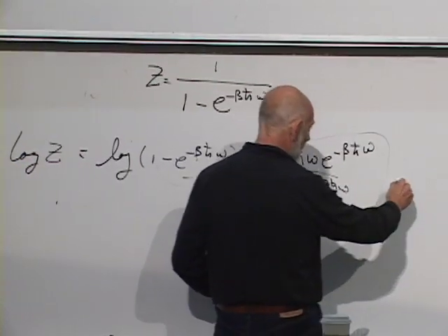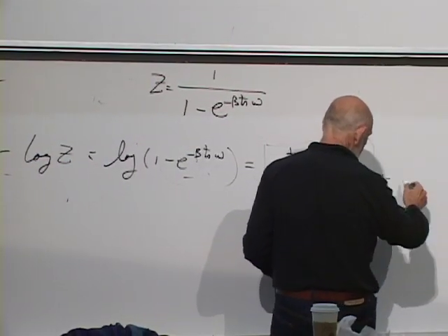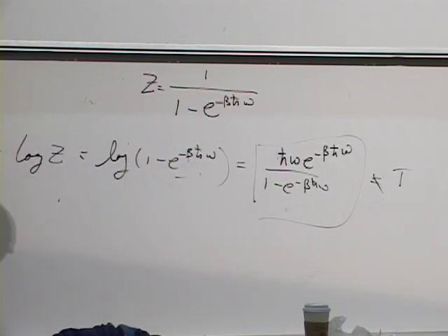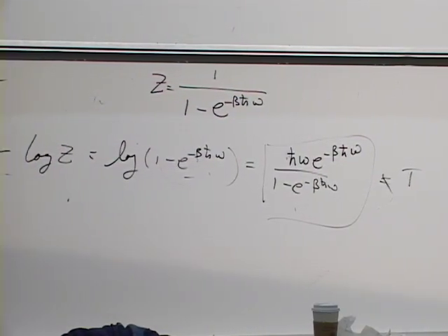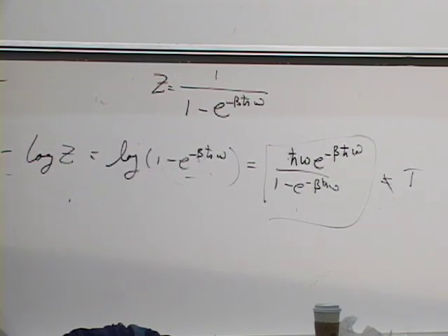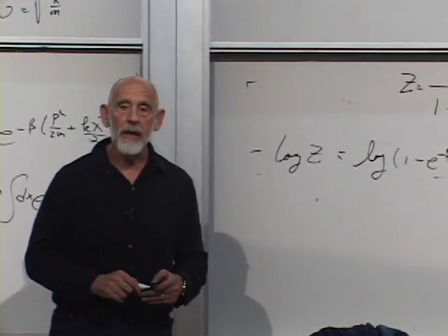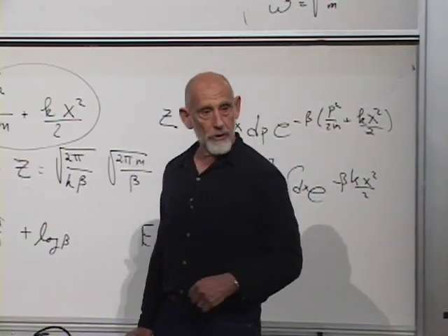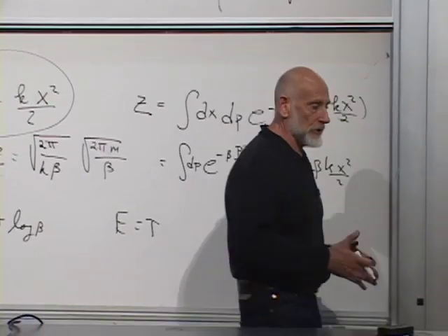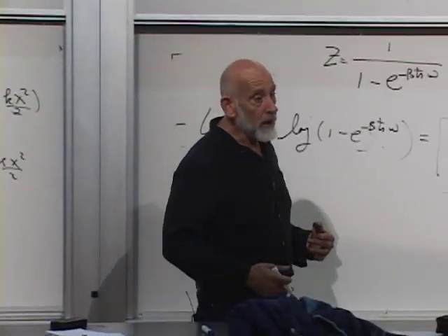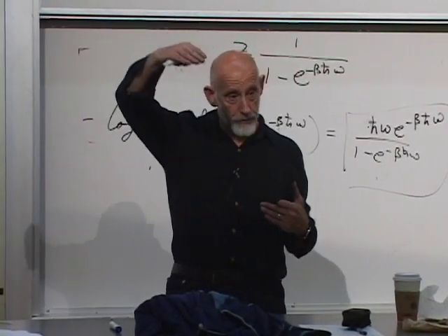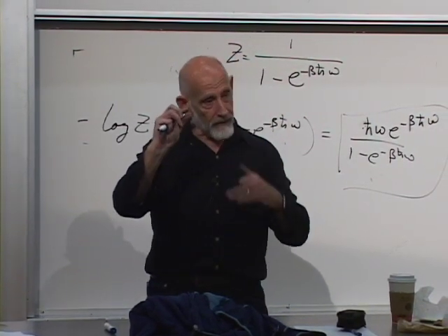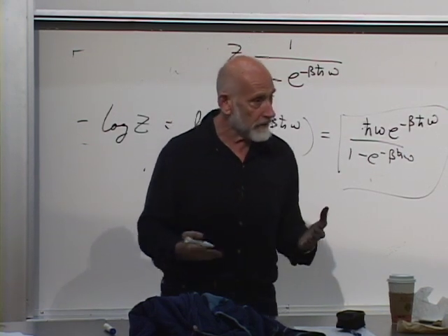It's not in general equal to the temperature being 1 over beta, not at all that. But let's look at it at different limits. Let's first look at it in the limit of high temperature. In the limit of high temperature, we expect classical physics. Why? At high temperature, this tiny little unit of energy that's in the oscillator is irrelevant.